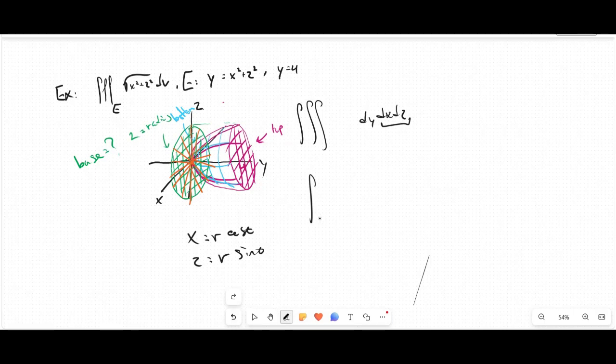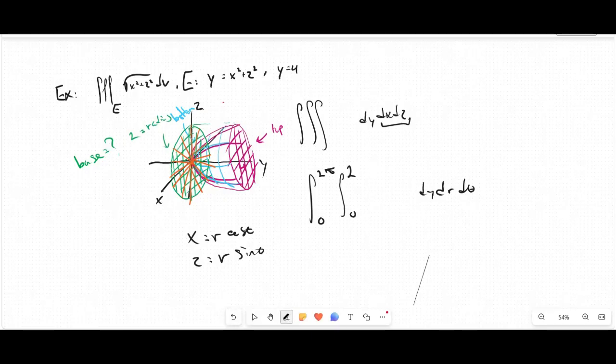Okay. So we'll take theta from 0 to 2 pi. That's the obvious choice there. We'll take r from 0 to 2. The radius of that circle is 2. Sorry, that's d theta.